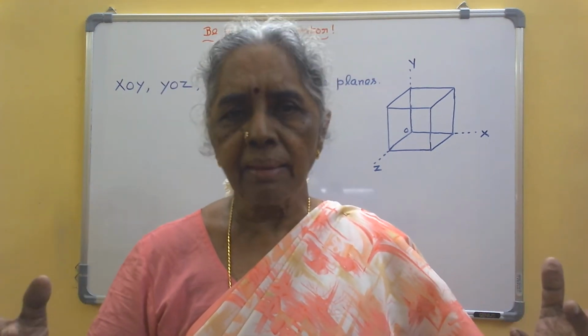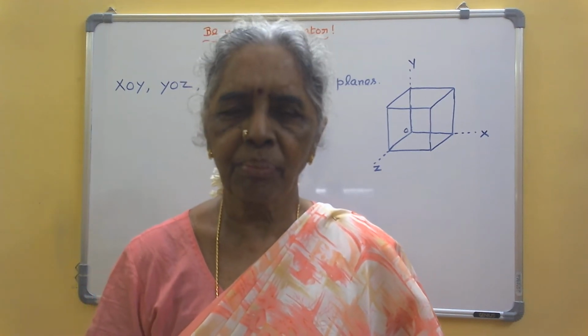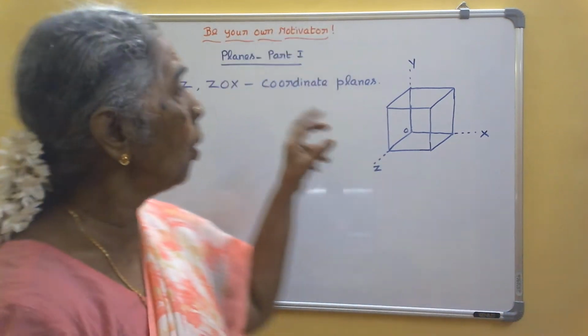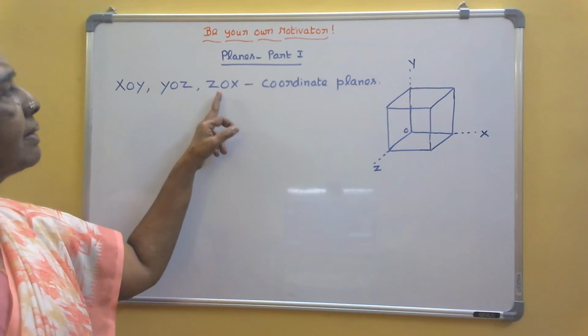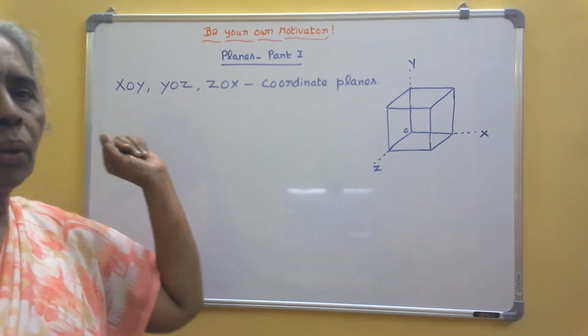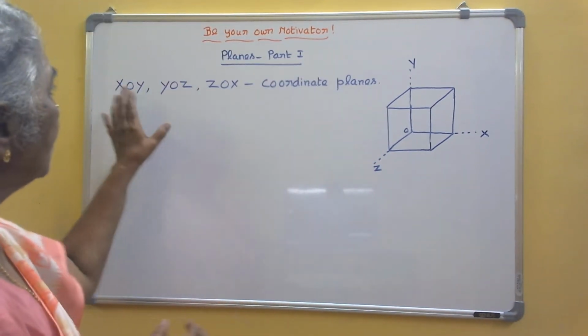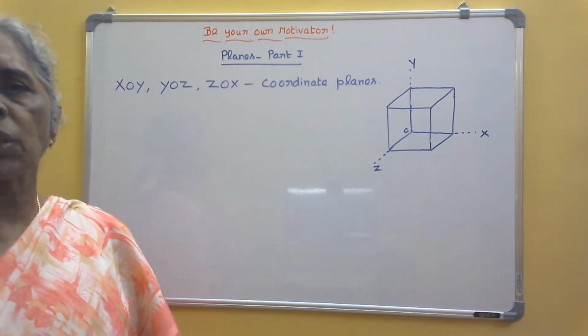In space, there are infinite number of planes, right? In that, we call XOY, YOZ, ZOX. O is the origin, okay? These three are called the coordinate planes. We can in short call them XY plane, YZ plane and ZX plane.